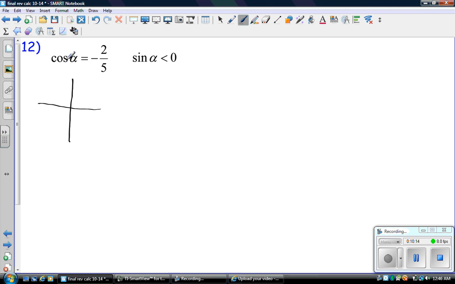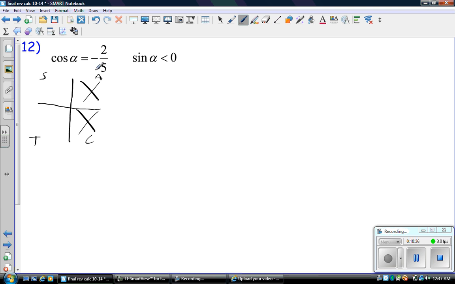First thing is that the cosine of the angle alpha, cosine's negative. All Students Take Calculus. So if the cosine's negative, the triangle has to be over here somewhere. It's either up here or down here. Here cosine's positive, here cosine's positive.